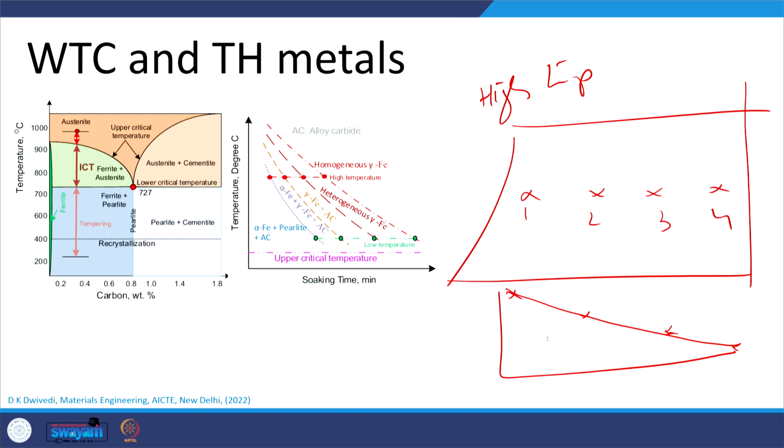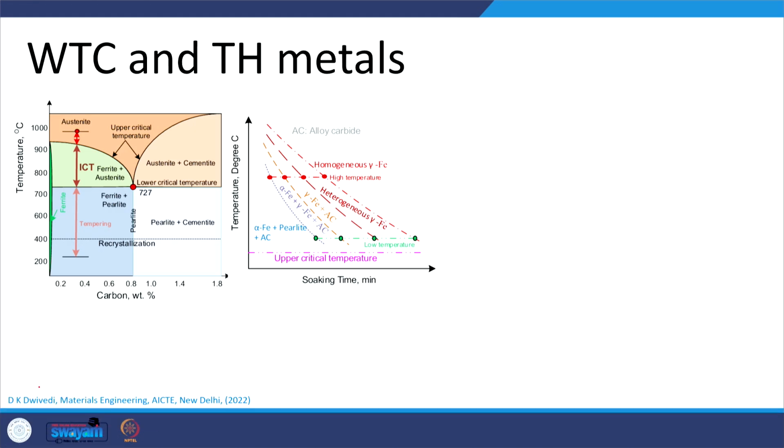The soaking time at a higher temperature is also decreasing. Likewise, soaking time as a function of location will also decrease. So, with increasing distance we have a lower peak temperature and shorter soaking time, and these two conditions will encourage significant heterogeneity.